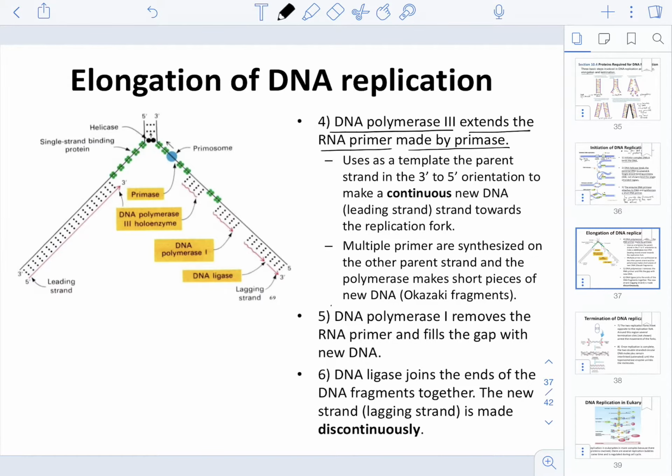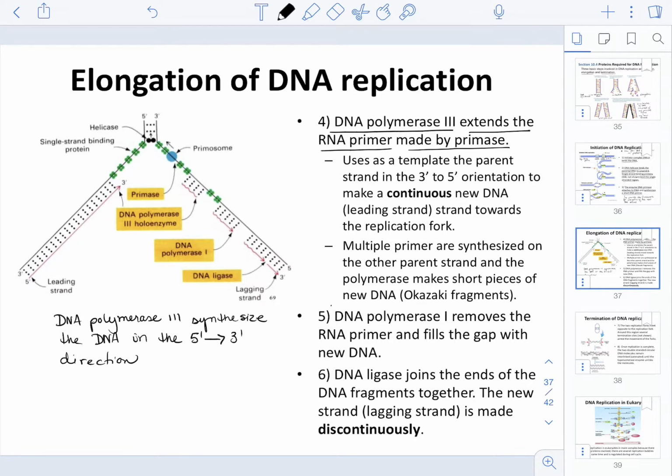One of the things that I want to point out is that when DNA polymerase 3 is extending these newly synthesized strands of DNA, it is going to synthesize the DNA in the 5' to 3' direction.